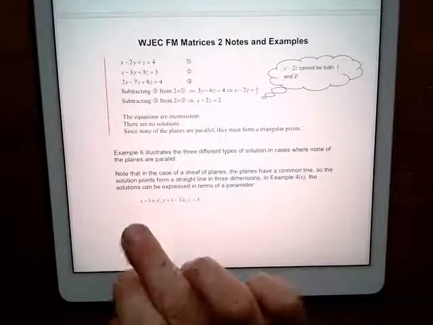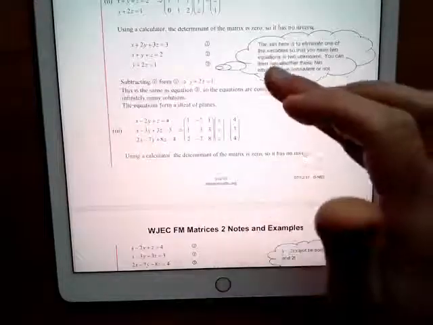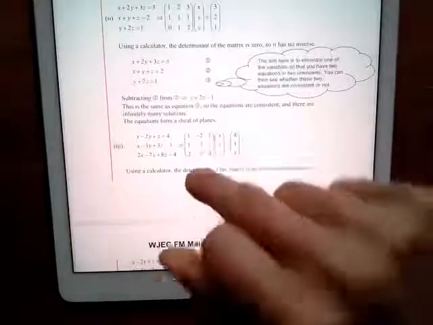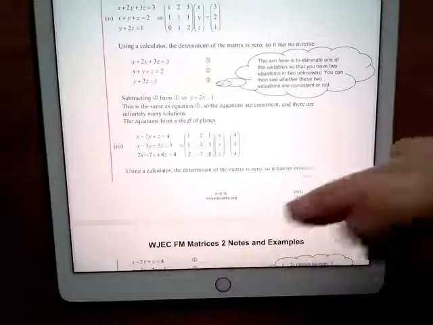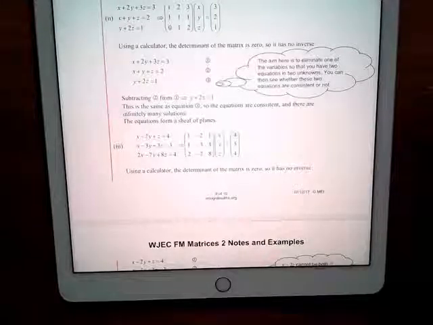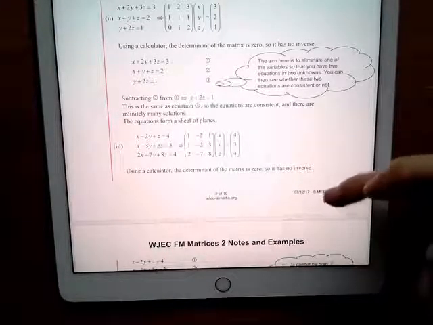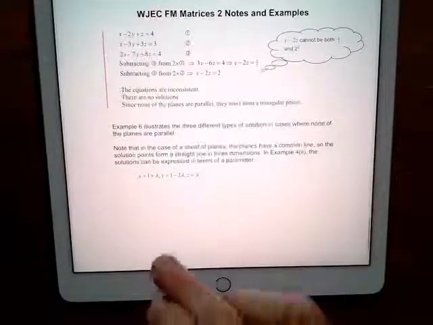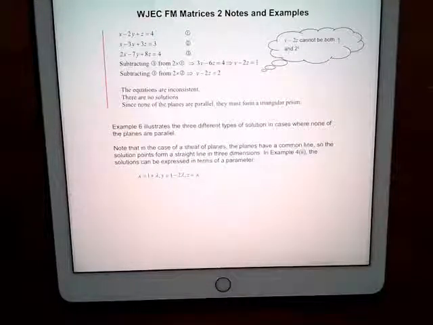Finally, the sheaf of planes was actually the second example here. If you want to write out the actual equation of the line, then you choose a parameter, lambda, say, to stand for one of the variables, say z.